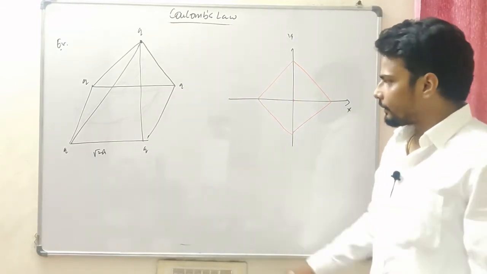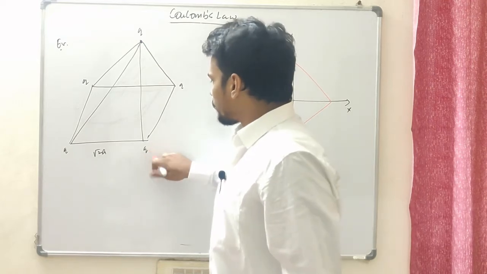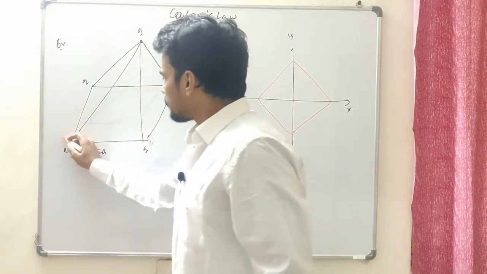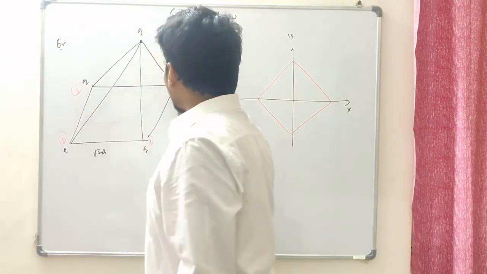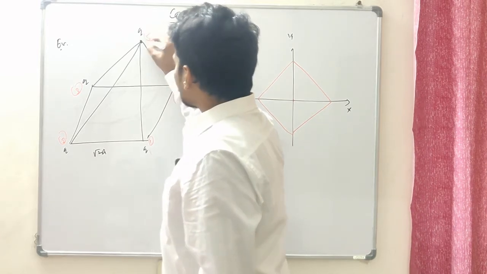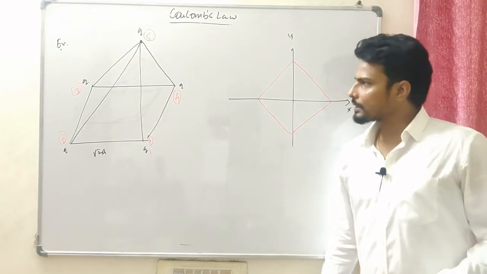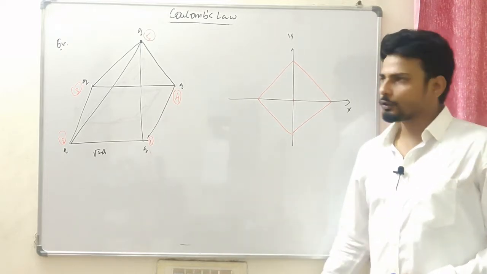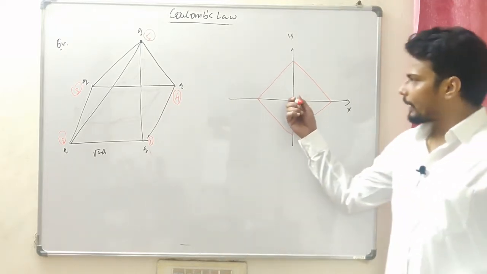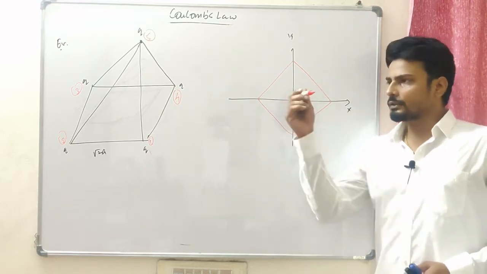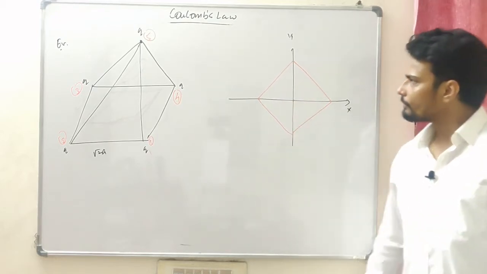So let me write q, this is vertex 1, vertex 2, 3, 4, and 5. I'm trying to find the force on the charge at the 5th vertex because of these 4 vertex charges. The 5th will come out in the positive z direction.